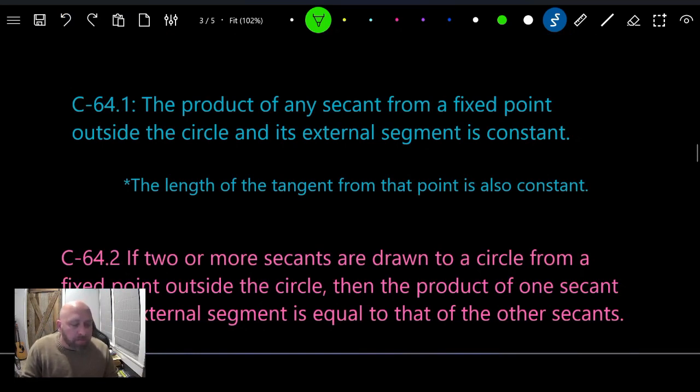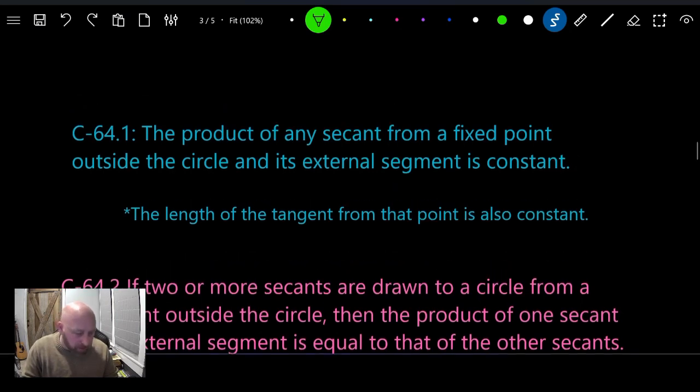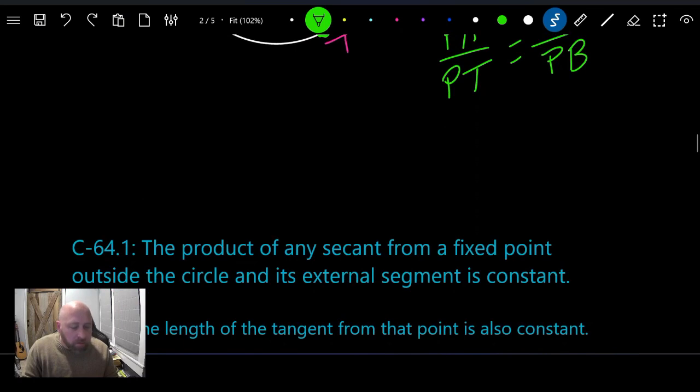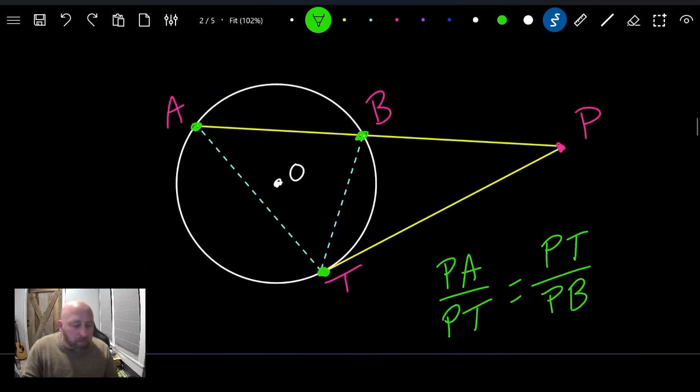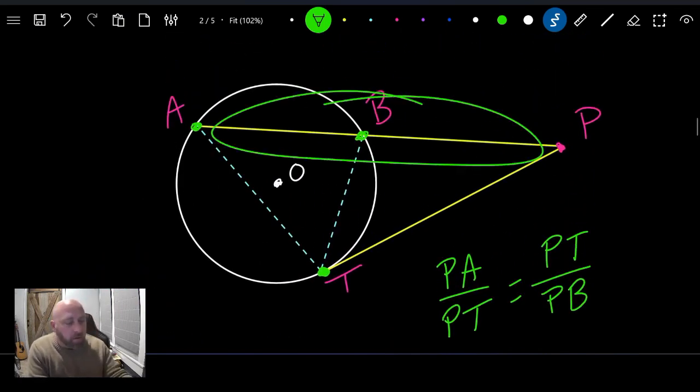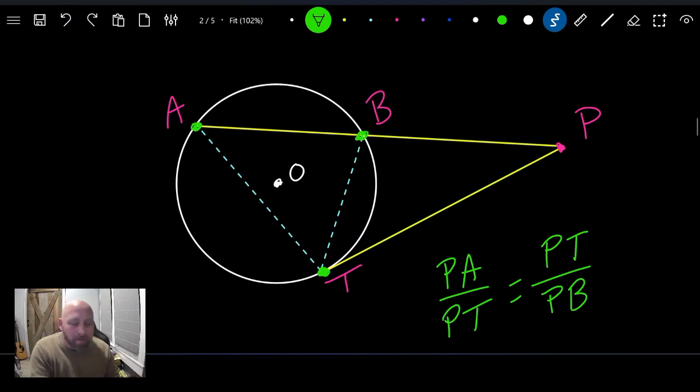It says the product of any secant from a fixed point outside the circle and its external segment is constant. The length of the tangent from that point is also constant. So the product of this is always constant, and it doesn't matter where that goes. If we put one over here, it's going to have that same constant when you multiply it together.